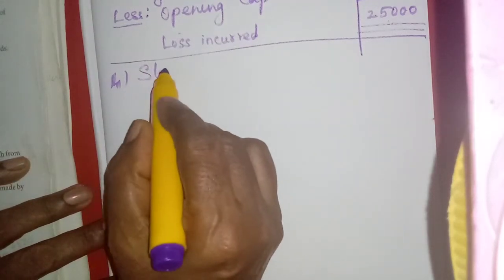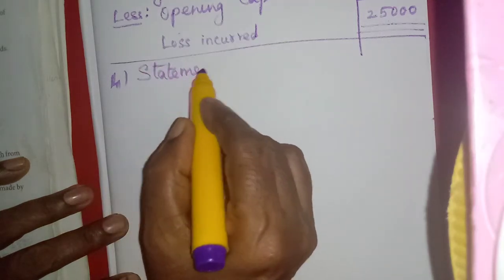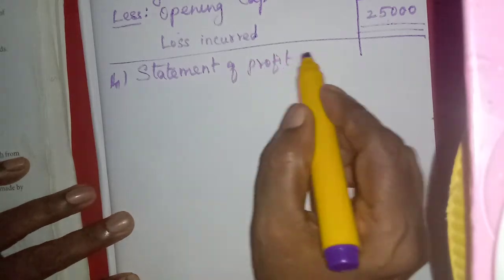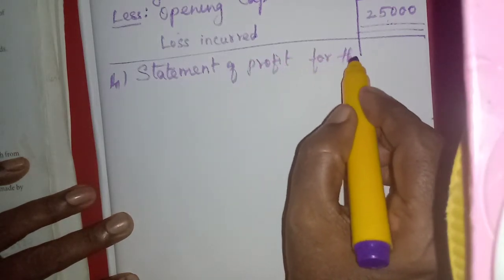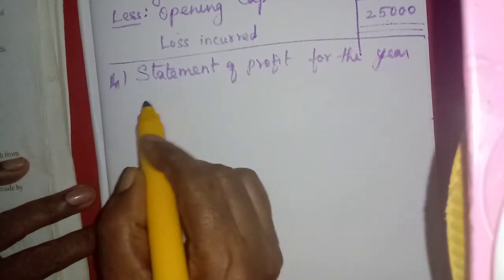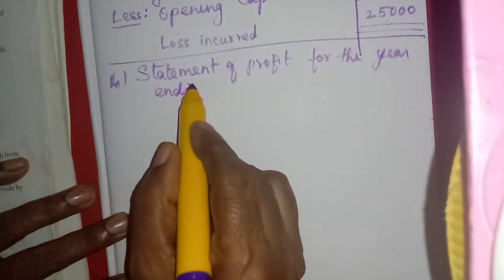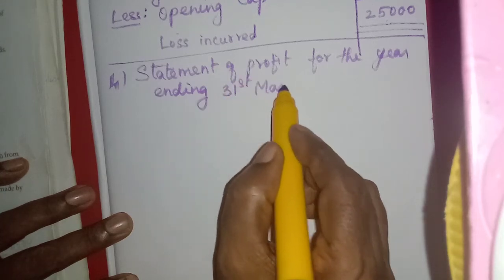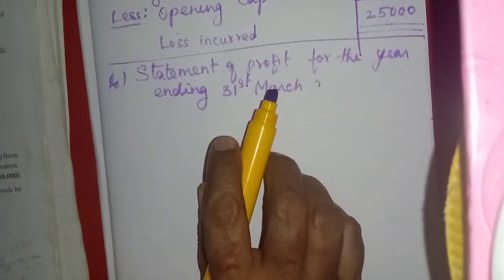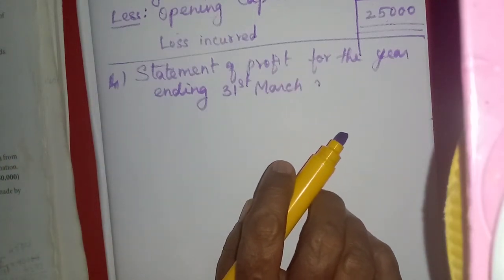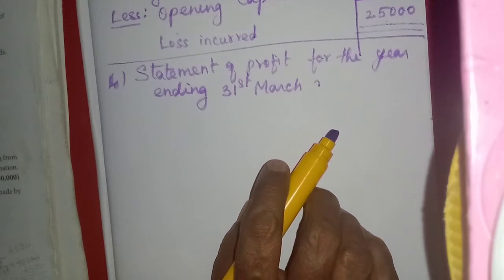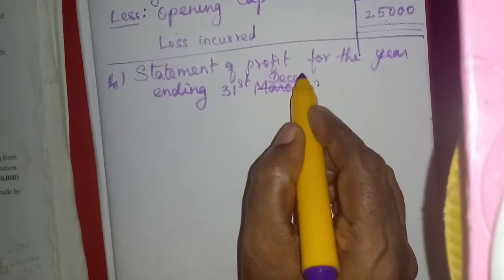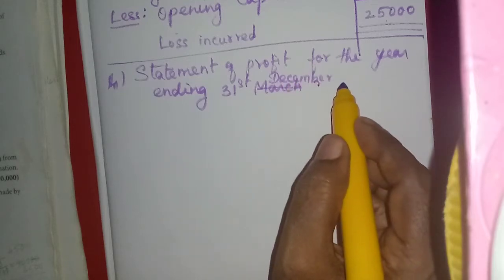Statement of profit for the year ending 31st March, to fourth one, 31st December 2018.